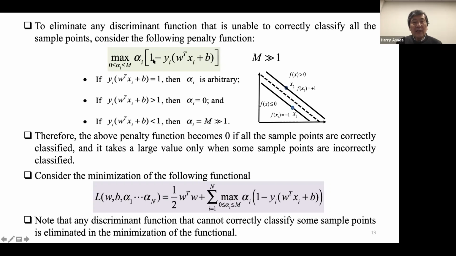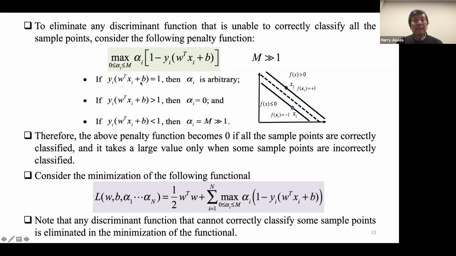So this term is 0. So 0 times alpha i, we'd like to maximize this, but we can't do anything. It's all 0. So for any value of alpha i, if this is the case, this returns just a 0.